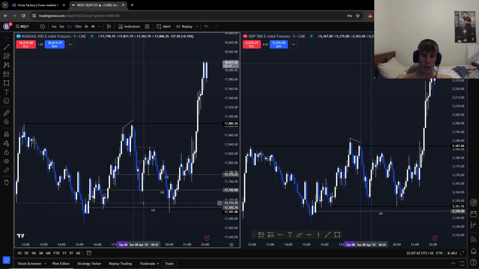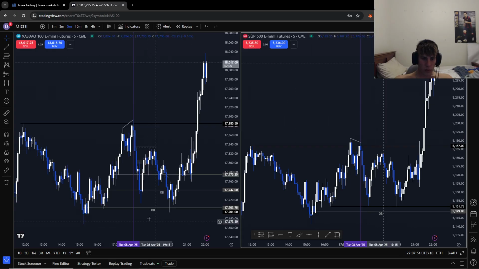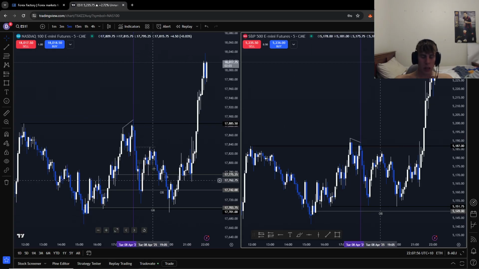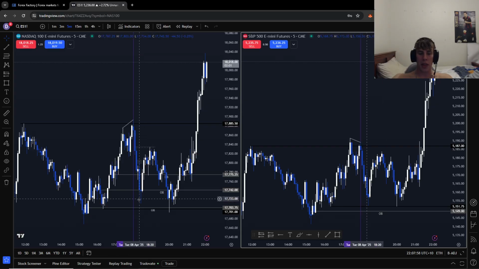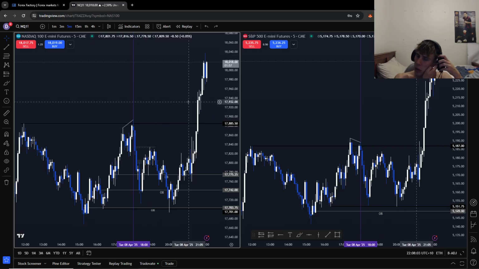Nasdaq or ES has not swept any liquidity at the bottom, so there is no reason to turn bullish at this point here, because neither of them have swept anything.